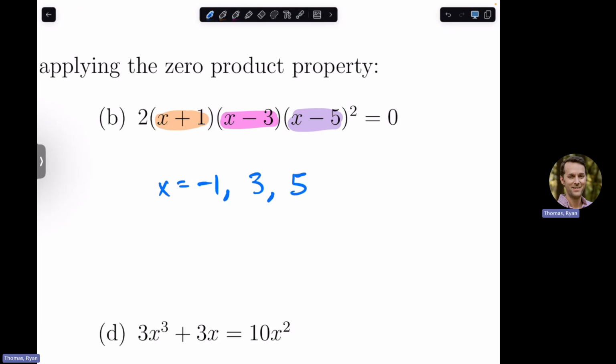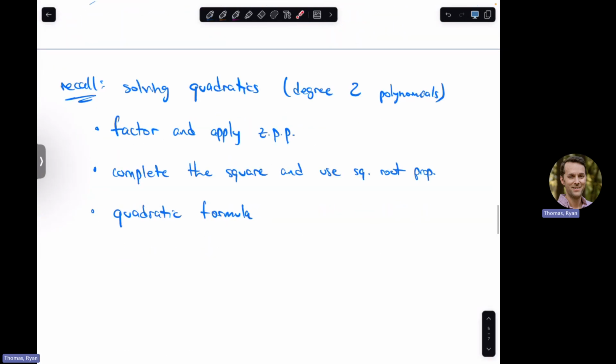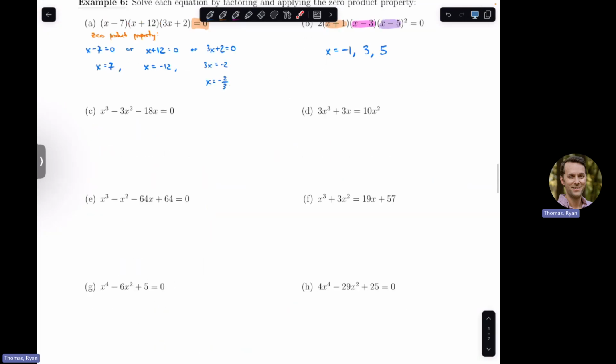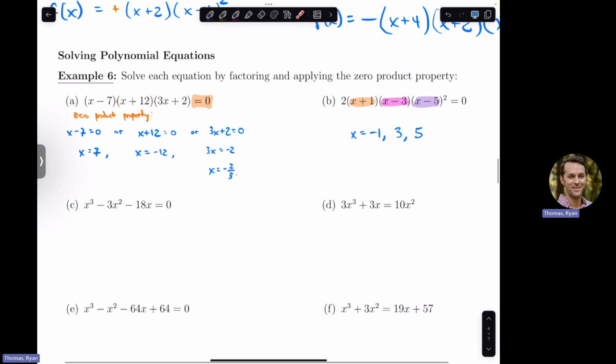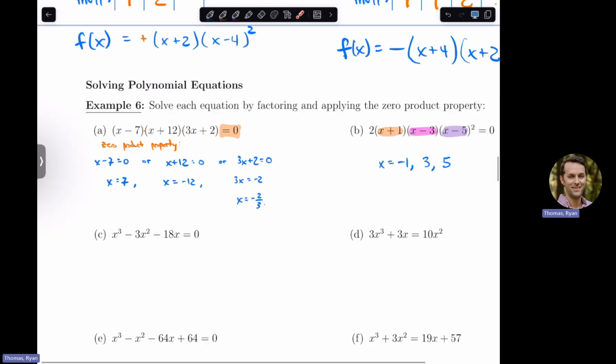Okay, so if the thing is factored, we can still use factoring and the zero product property idea to split things up, to simplify, to solve. The problem, of course, is that we don't always start with things that are already nicely factored for us, right?